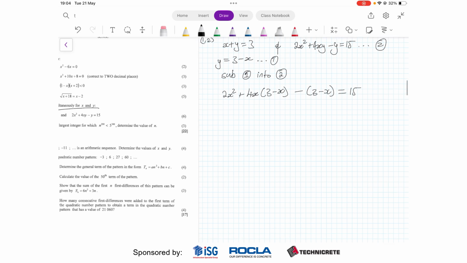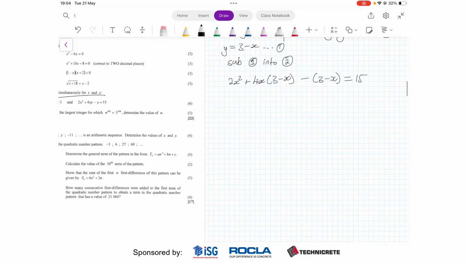Okay, now moving forward, we find that 2x squared plus 4x multiplied by 3 will give us 12x. 4x multiplied by negative x will give us minus 4x squared.